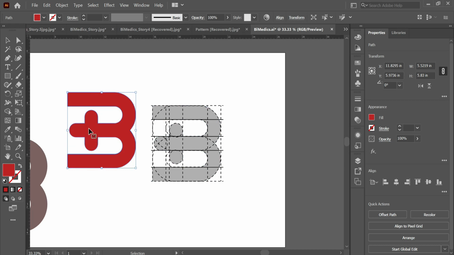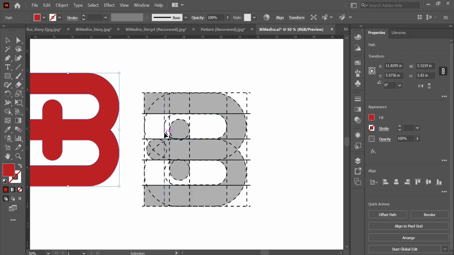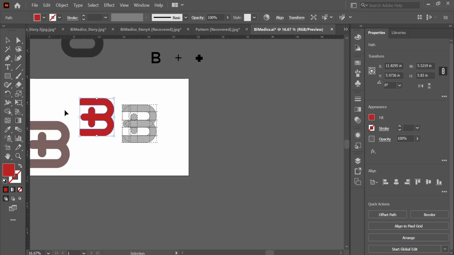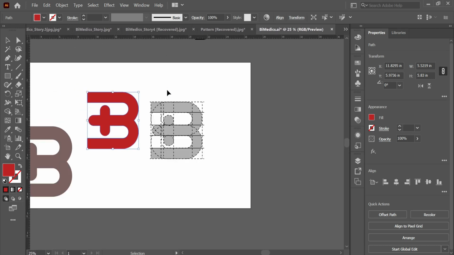So that's one of the concepts behind it, and that's why it is being used. And it is very relatable. Once you see any cross, it's an emergency, and quick attention will be given to it. So that's the concept behind the Biomedics brand identity design. I'm going to show you some of the other things that it entails, and this is just how the logo has been crafted.